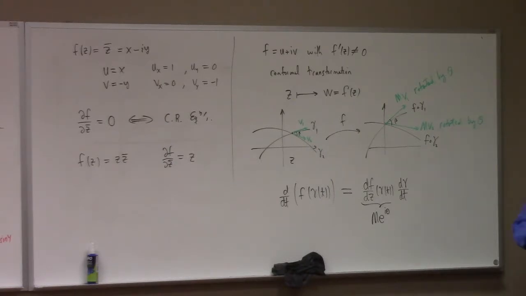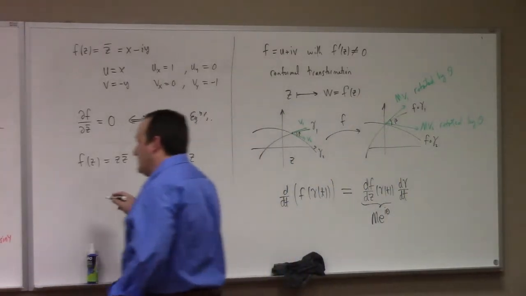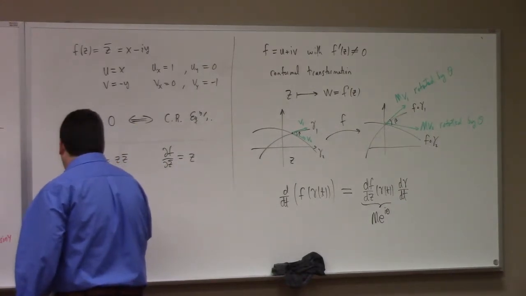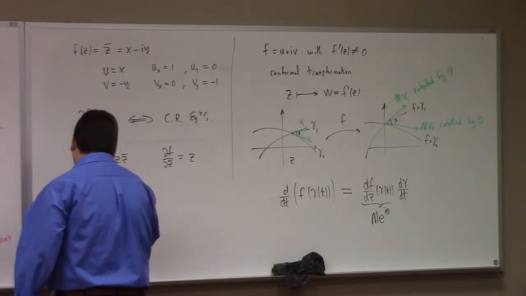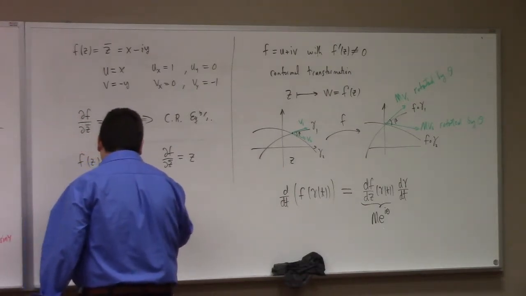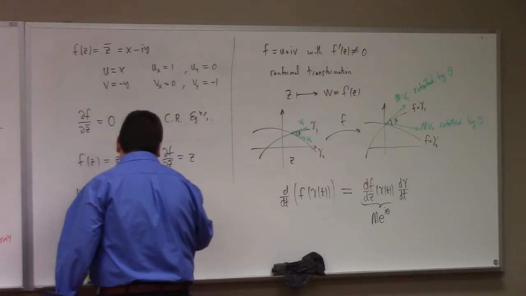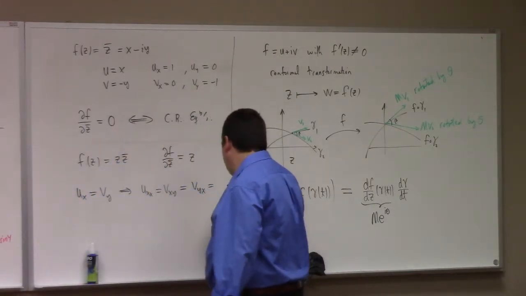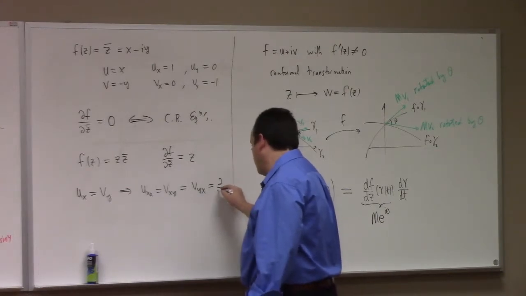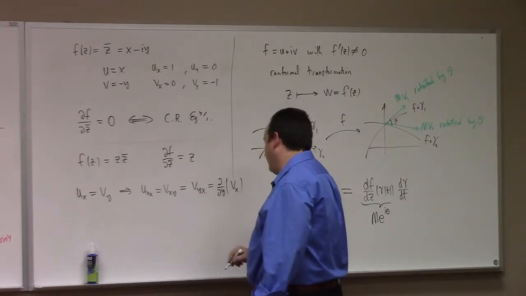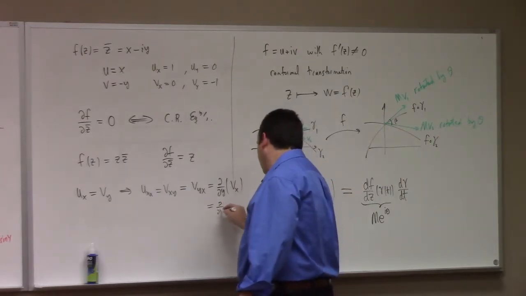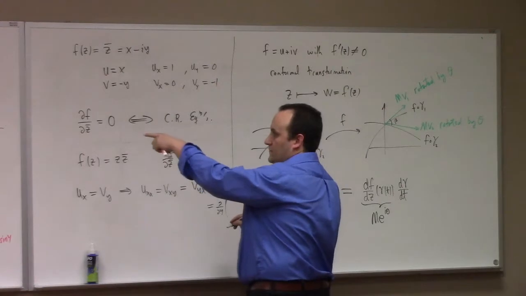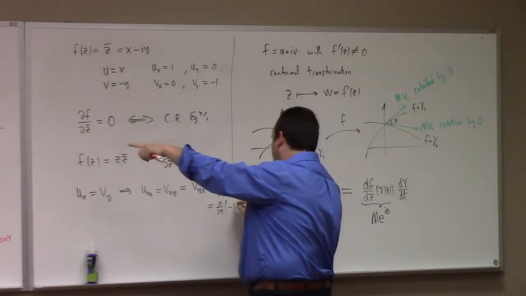The other thing that's really, really interesting is that if you look at u_x equals v_y, if you differentiate that by x, you get u_xx equals v_xy, right? But that's equal to v_yx, which is what? Let's say partial y of v_x, right? But what's v_x? Minus u_y, right?